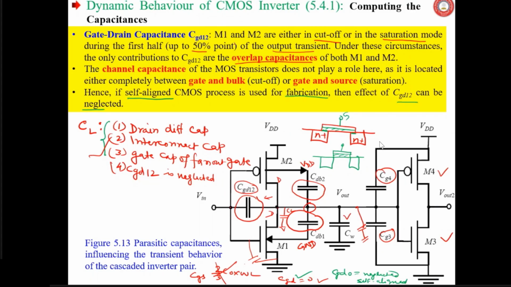Which half is it talking about? Can anybody say? It is written that M1 and M2 are either in cutoff or in saturation mode during the first half, up to the 50% point of the output transient.